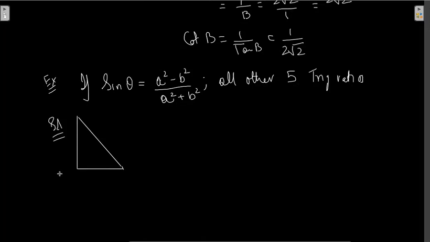We are given the value of sine of theta. So what is theta? Theta is this angle. Now since we are dealing in a's and b's, let's put the vertices as O, P, Q.